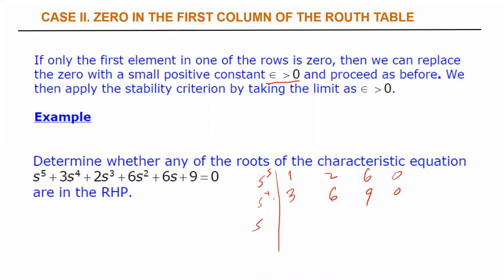So I need s to the third. 2 1 over 6 3 0 0. The first element is going to be 1 over 3, and 6 minus 6 is 0. How about the one here? Here it will be 1 over 6 multiplied by 18 minus 12. Correct.